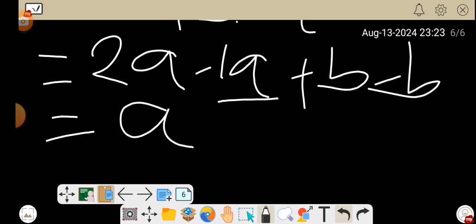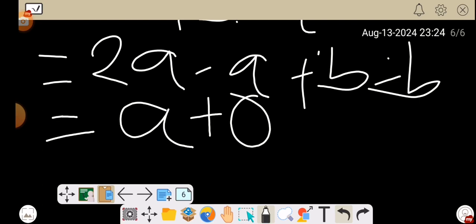Then we know that b minus b is 0, because the coefficient of b here is 1 and the coefficient of the other b is 1, so this is just as good as saying 1 minus 1. So plus 0. But we don't write 0, it doesn't make sense. So what you have to do here is just remove the 0 and remain with a. So a is our final answer.